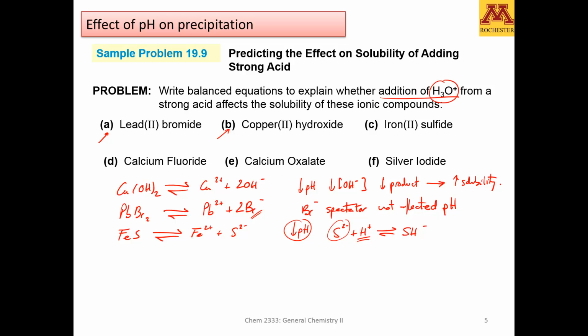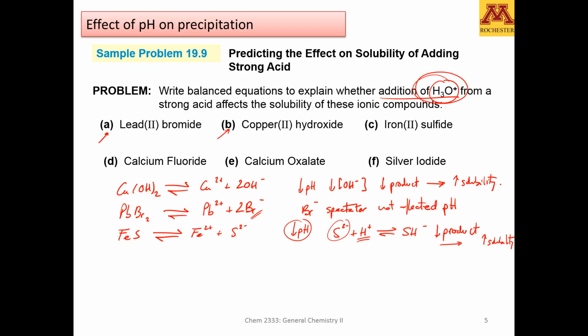Careful here. By adding hydronium, I make products disappear. How? Because I make them react with protons. If the amount of products disappears, the Le Chatelier principle will displace the reaction to the right.